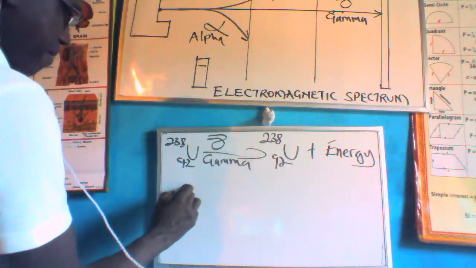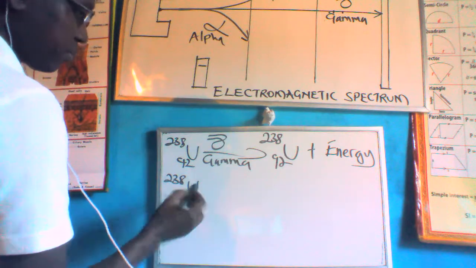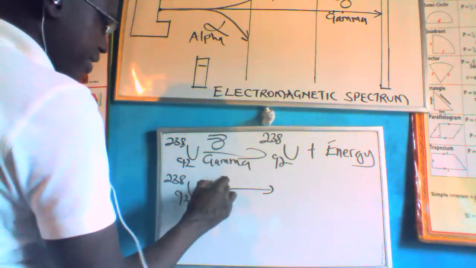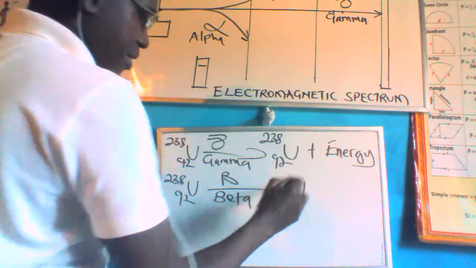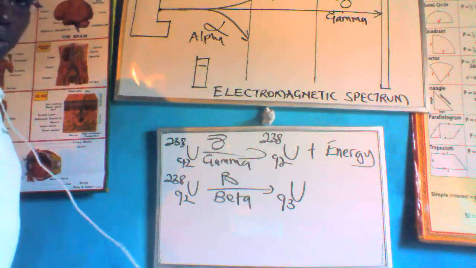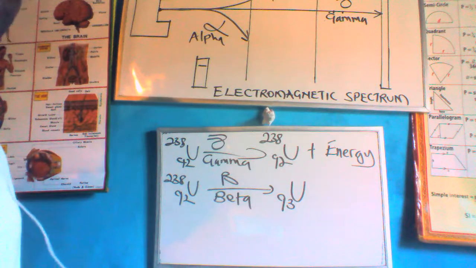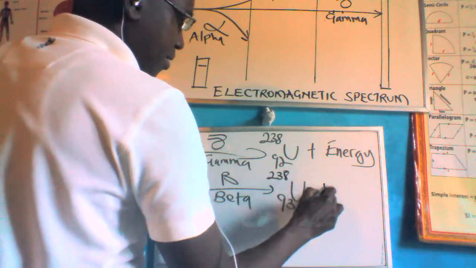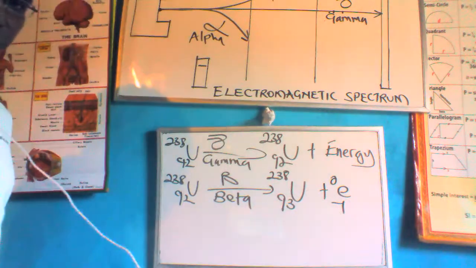If I remind you again of what we have done here, 238 and 92 are the nuclear properties of uranium. If it is a beta particle, we have said that there is a rise in atomic number by 1 in respect to a neutron changing to a proton and an electron, the proton being retained in the nucleus. The mass number remains unchanged, and the beta is represented by a negatively charged electron.